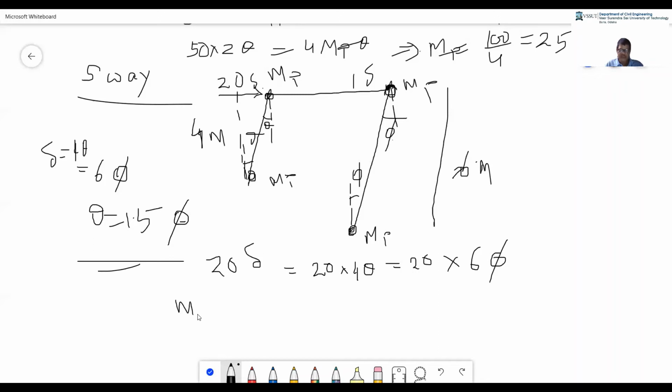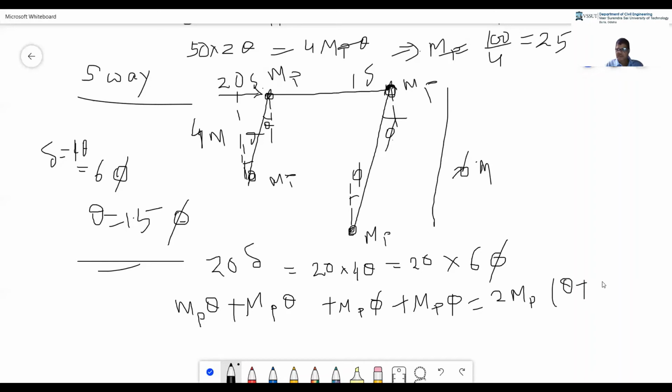MP into theta plus MP into theta plus MP into phi plus MP into phi. So we get 2 MP into theta plus phi. Phi is equal to 1.5 theta. So this becomes 5 MP theta.